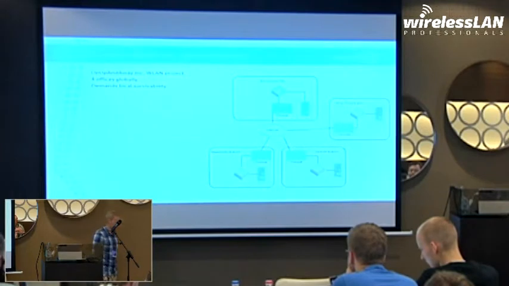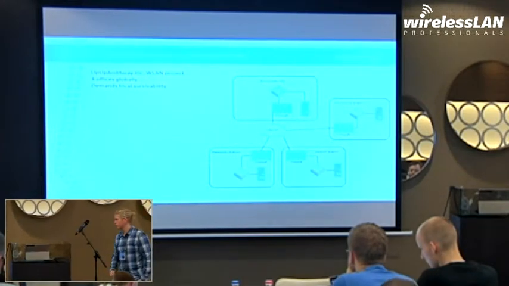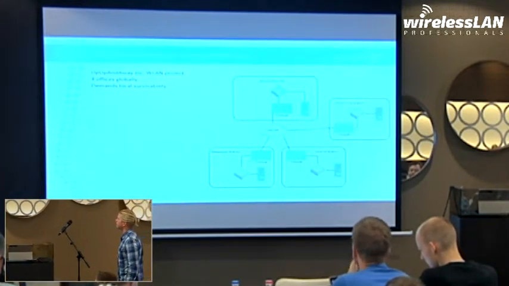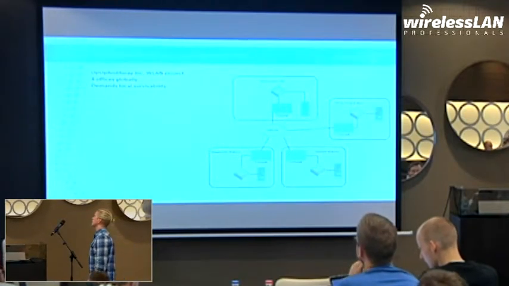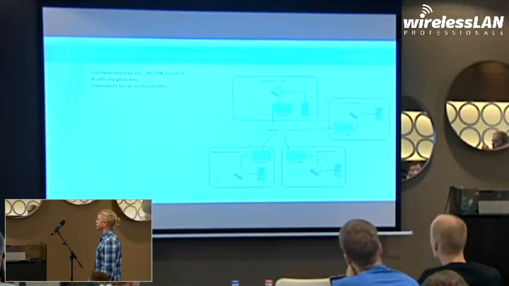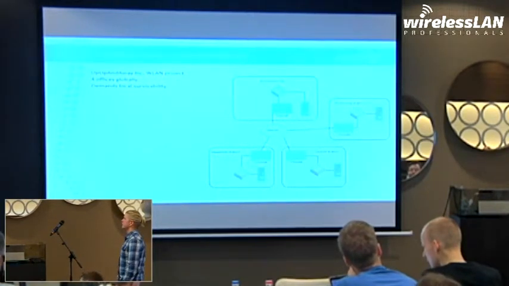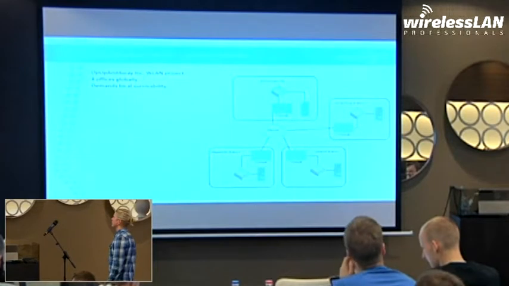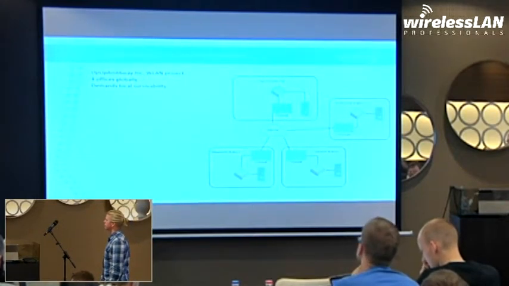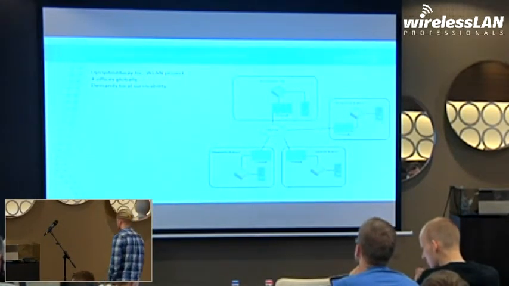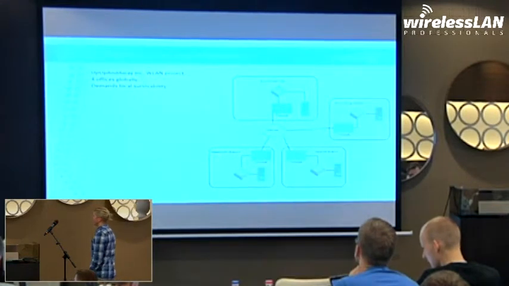Here I've put up another made-up scenario. It looks almost like the other one, but in this case they've got local internet access and local servers. 4 offices globally demand local survivability, so they will have their authentication servers, their DHCP, their application servers running locally.